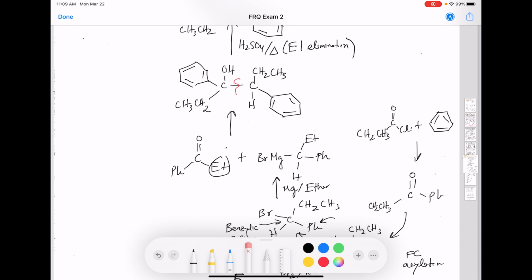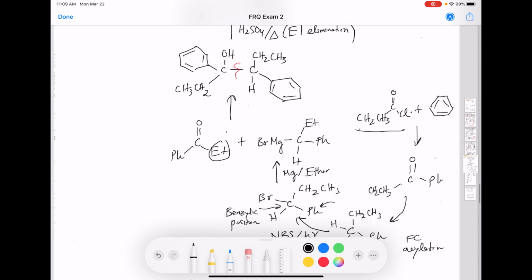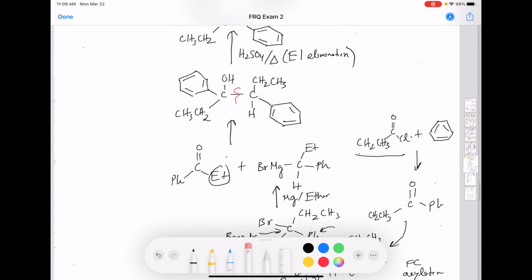So now we have a Friedel-Crafts acylation. We basically created an acyl chloride with the same group here, but now I've just tacked on this chlorine to make it a suitable reagent for the Friedel-Crafts acylation. One important ingredient in this reaction is using a Lewis acid catalyst. Since we have chlorine here, one suitable reagent for this Friedel-Crafts acylation is the Lewis acid AlCl3.